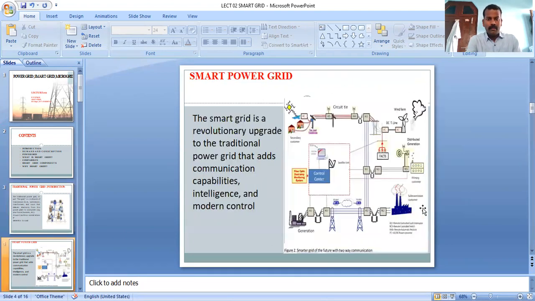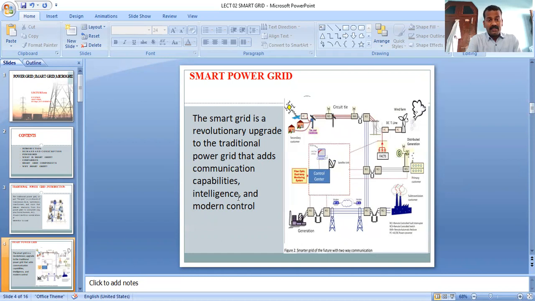Okay. Now smart power grid. Smart power grid is a revolutionary upgrade to the traditional power grid that adds communication capabilities, intelligence, and modern control. This means smart grid have intelligence.